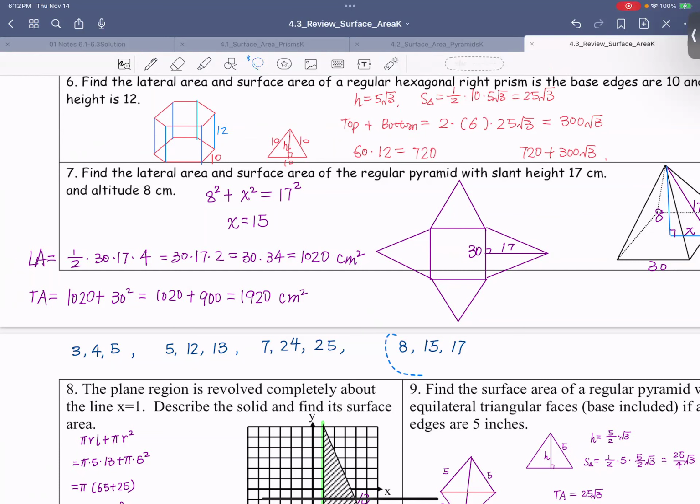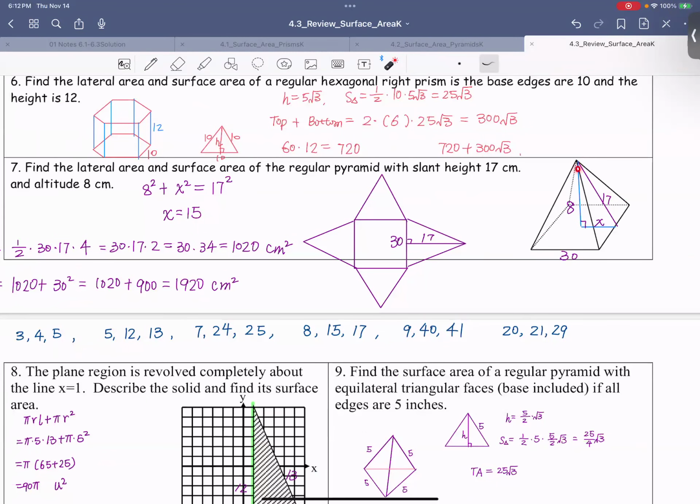If you have 9, 40, and then 41. Yes, makes sense? Okay. And then 20, 21, and 29, okay? You need to remember this from now on, okay? I will still call you again.